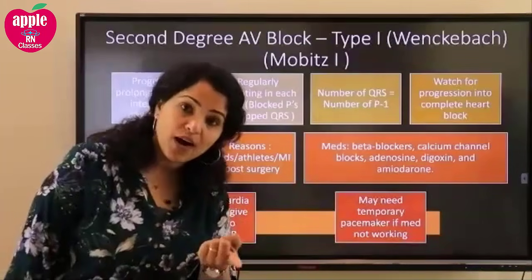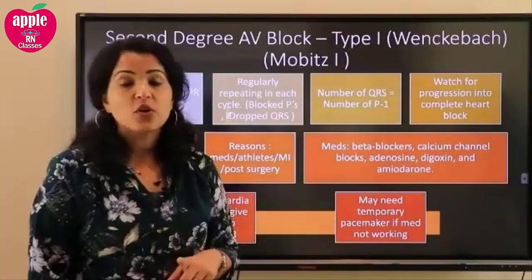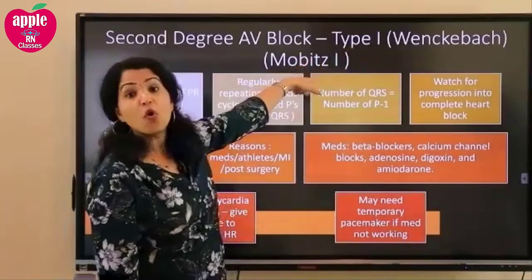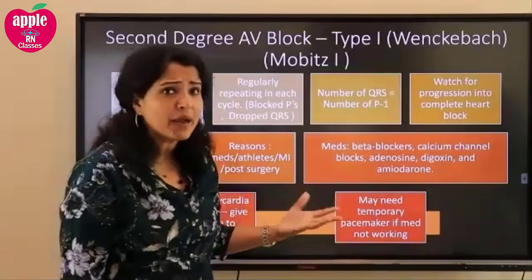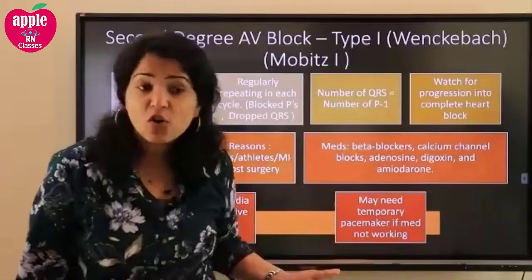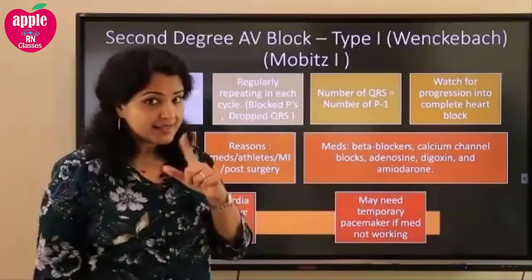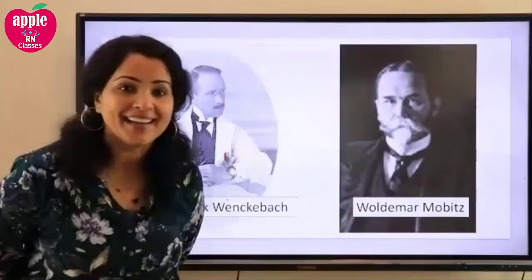There is type 1 and there is type 2, right? And type 1 is also called Wenckebach. And it is also called Mobitz. Now, you must be thinking, what kind of names are these? Why don't they just call it second degree type 1? I mean, that's enough, right? But there is a reason, and I will show you who is the reason. These two people are the reason behind it.